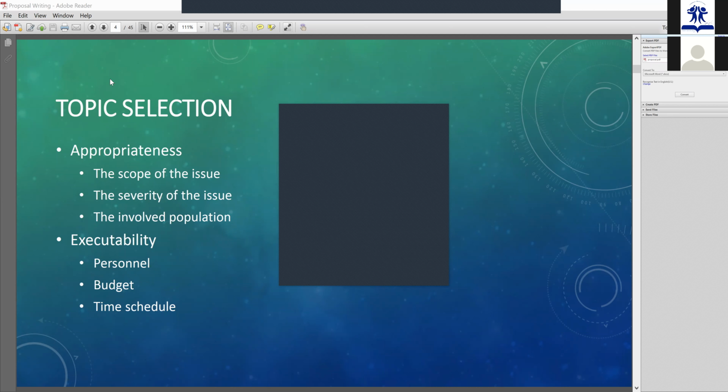So make sure that the test that you're going to run is not that expensive, and please make sure that the payment will not be on the patients, because sometimes it's like that. For example, you will check something like iron level for all the patients.